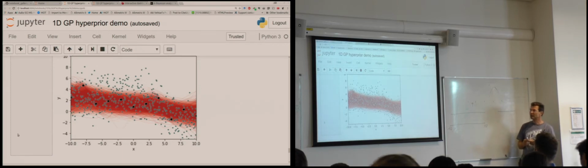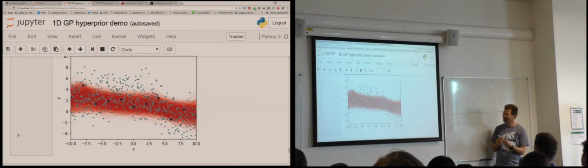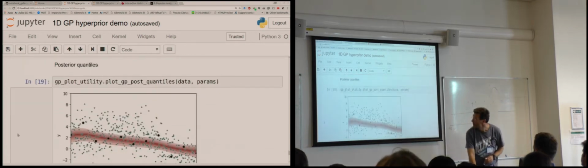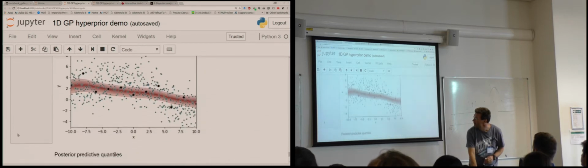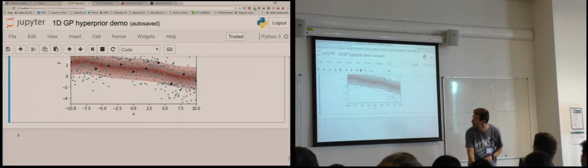Usually we don't have so much information about the signal magnitude. But it's usual, again, that it's enough that we have information from at least one of these three parameters, and it helps a lot. And there's the posterior predictive quantiles for this.